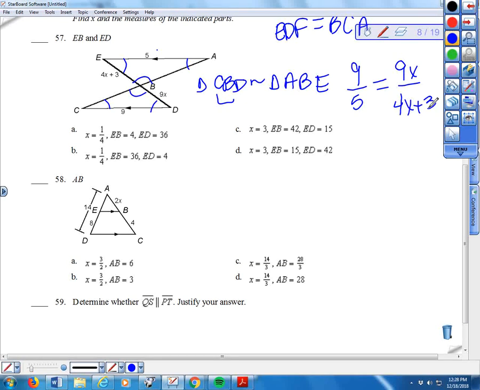And then cross multiply. And subtract. X is 3. Once I know x, what else do I have to find? EB. EB is 12 plus 3, 17, or 15, sorry. Which is this one?